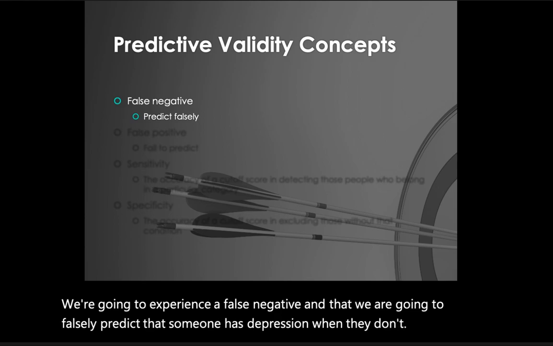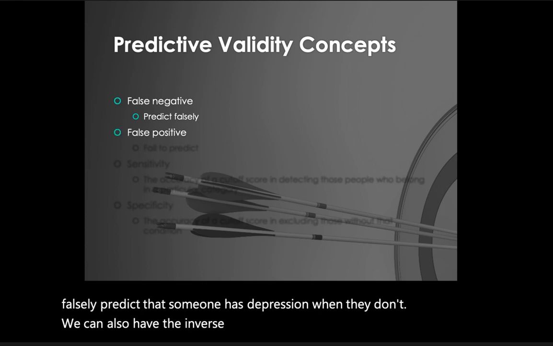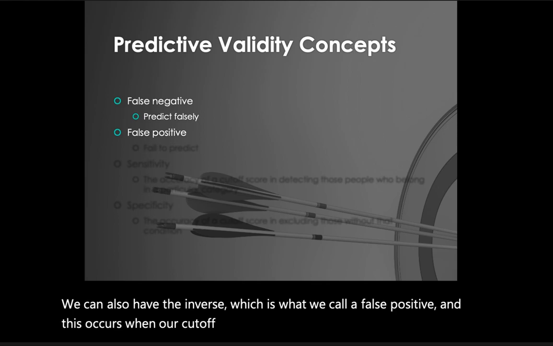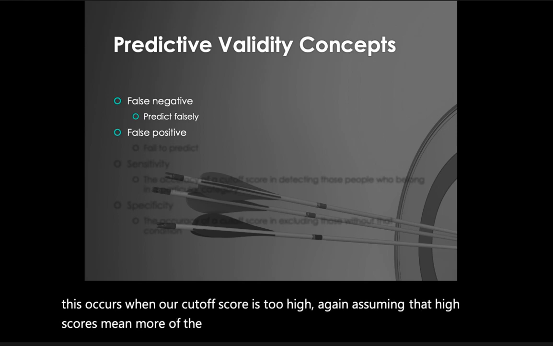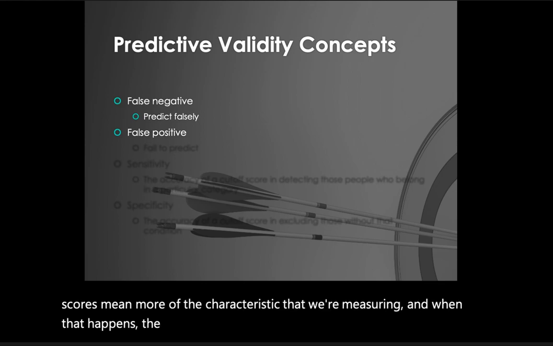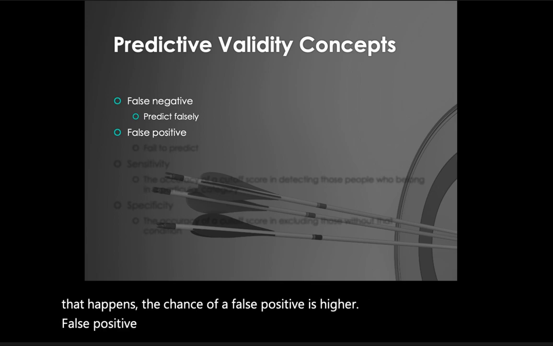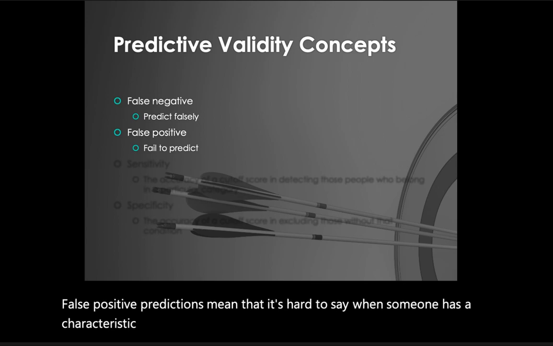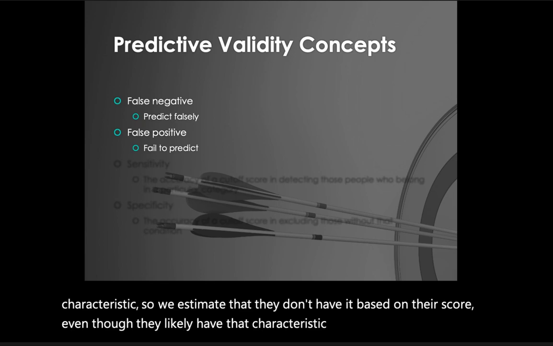We can also have the inverse, which is what we call a false positive. This occurs when our cutoff score is too high, again assuming that high scores mean more of the characteristic that we're measuring. And when that happens, the chance of a false positive is higher. False positive predictions mean that it's hard to say when someone has a characteristic, so we estimate that they don't have it based on their score, even though they likely have that characteristic by construct.